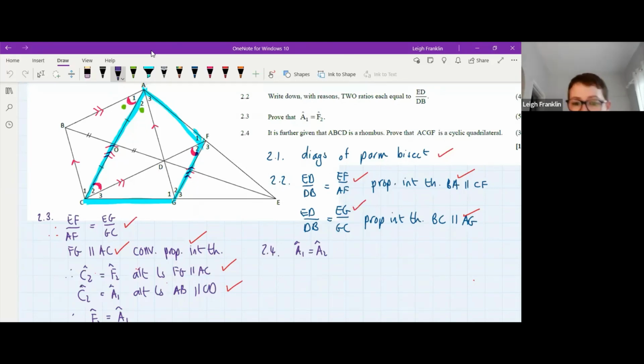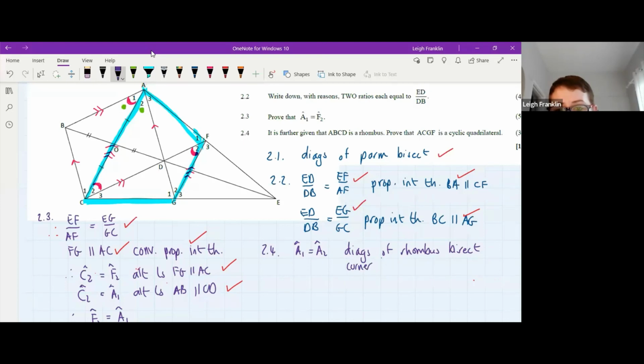In this case, A1 and A2 are equal because the diagonals of a rhombus bisect the corner angles. You can see how important your quadrilateral knowledge is to answer these questions. Diagonals of a rhombus bisect corner angles.